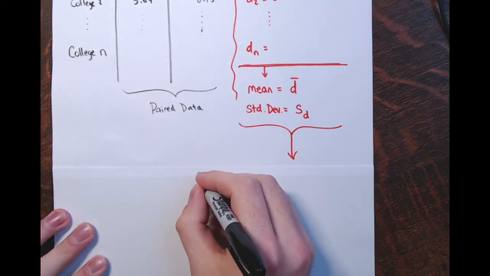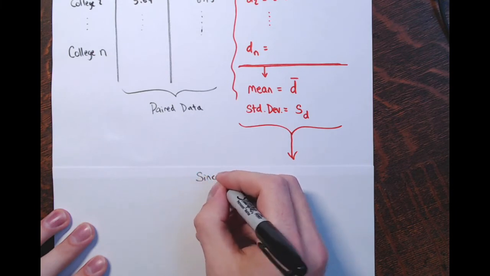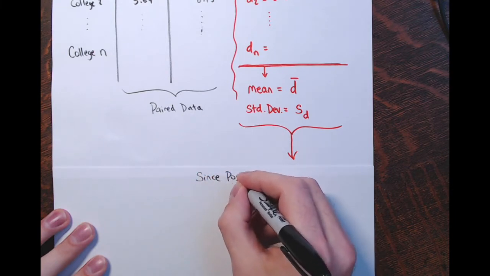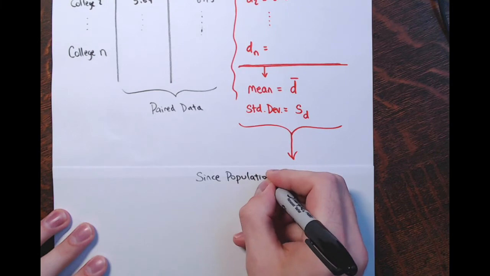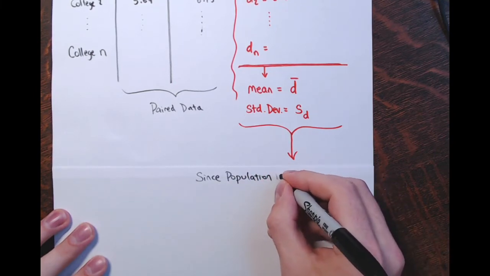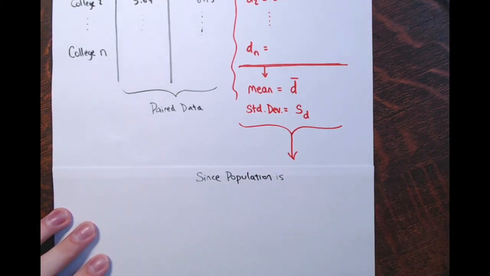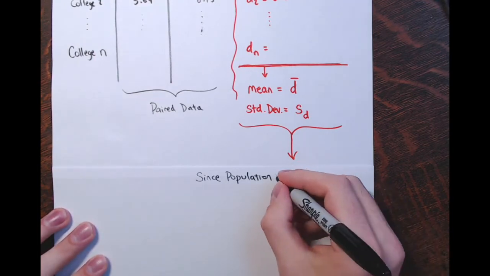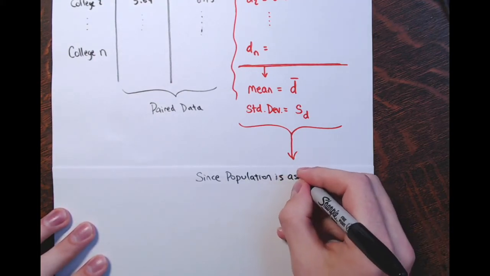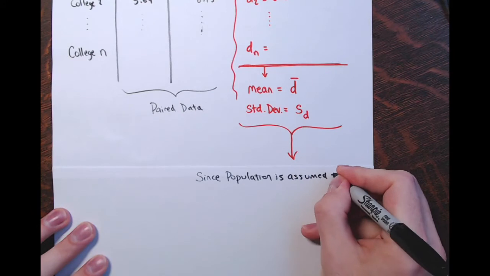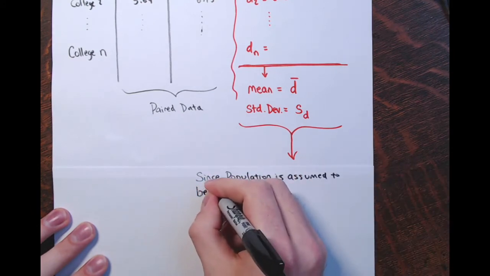Since the population of the differences is assumed to be normal, right? The population of differences is assumed to be normally distributed.